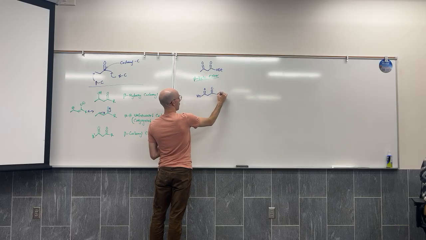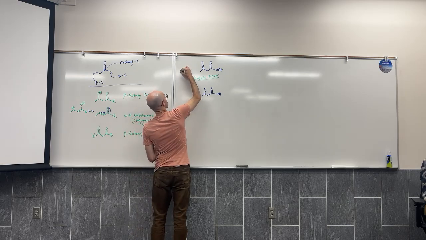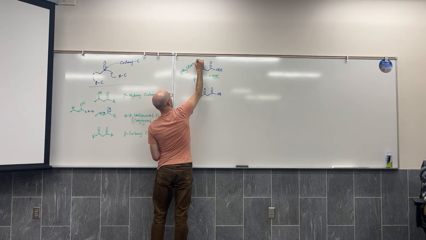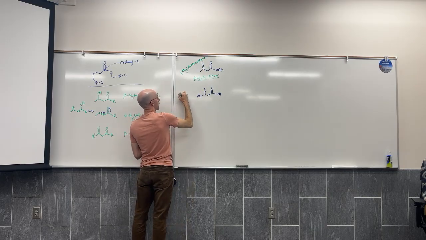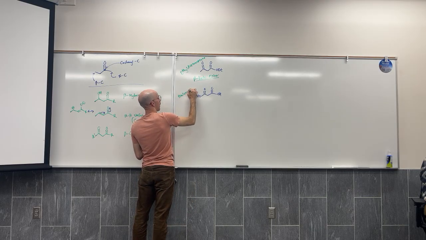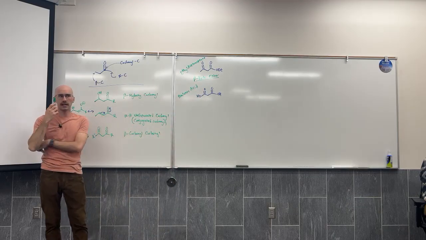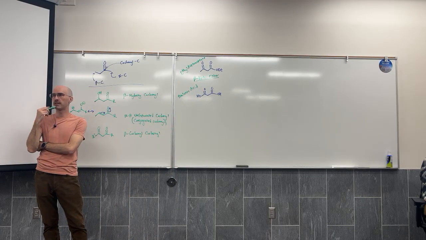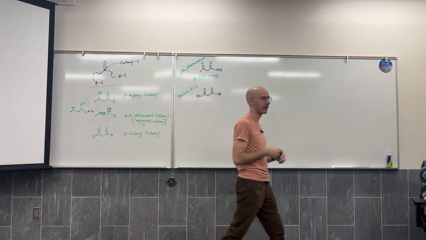Another version of this compound is called malonic acid. Let me give you this name again. Ethyl acetoacetate. Malonic acid. Malonic acid would be considered what type of beta carbonyl carbonyl? How could I clarify the types of carbonyls?